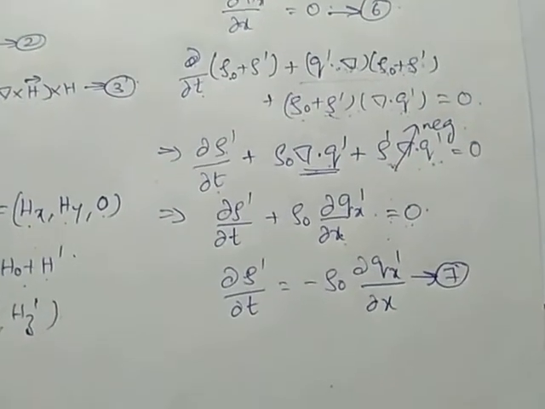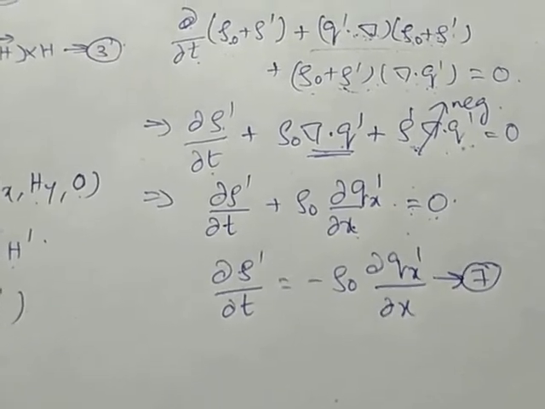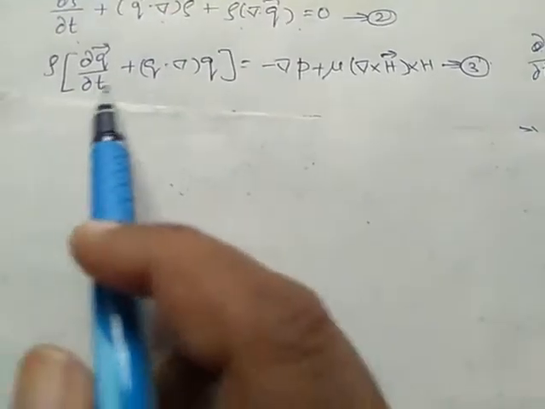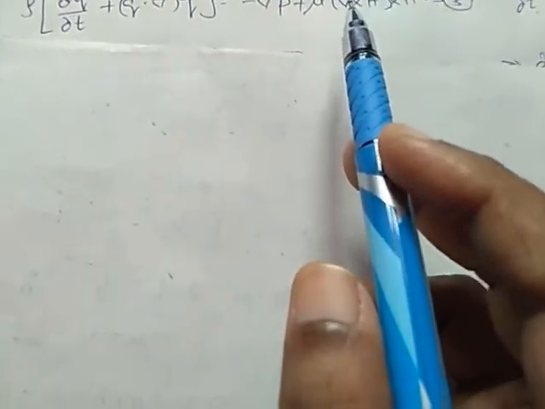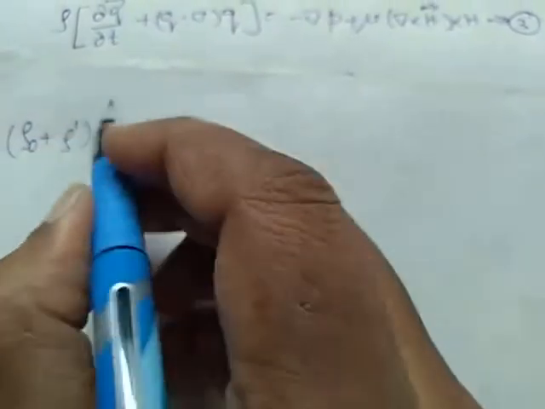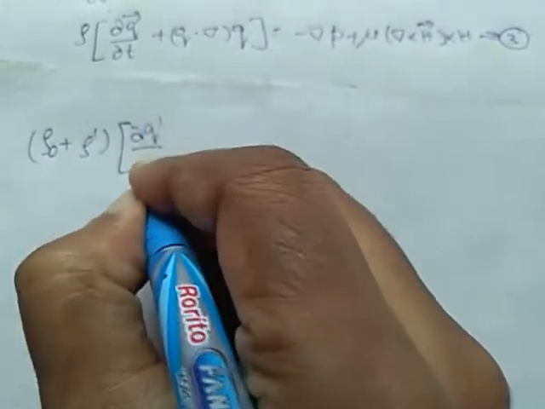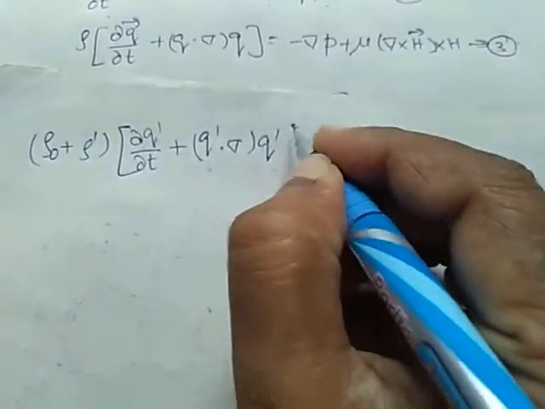Now we are going to consider the momentum equation for the perturbed state. So this is our continuity equation. For this equation, we are going to substitute perturbed values. So equation 3 becomes rho, which is rho naught plus rho dash, into dou q dash by dou t plus q dash dot del of q dash.